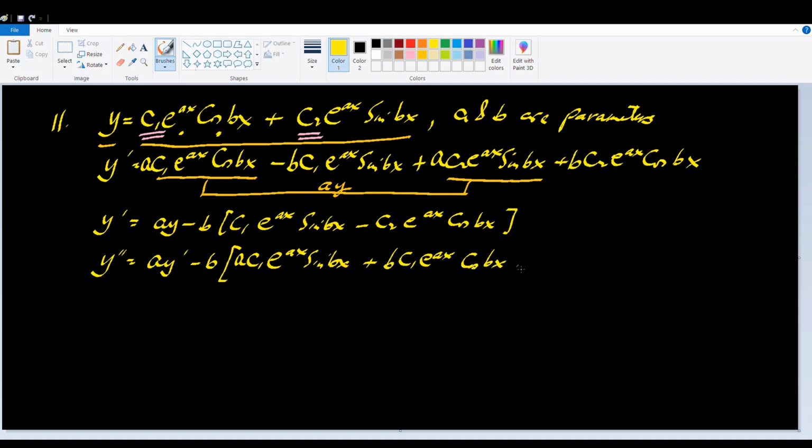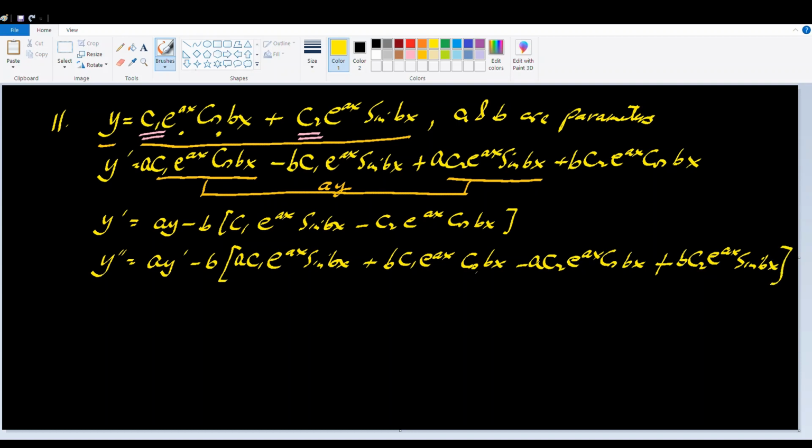Then minus c2, derivative of e to the ax is a e to the ax cosine bx, minus c2 e to the ax, derivative of cosine bx is negative sine bx times b. There.